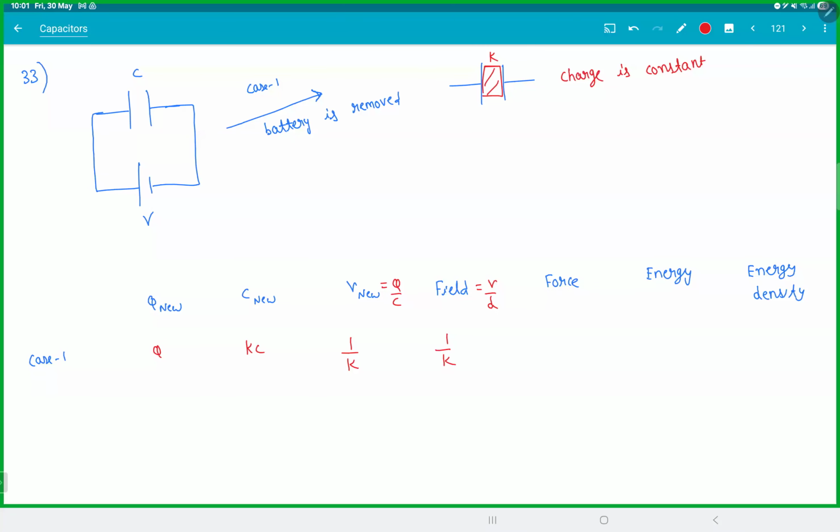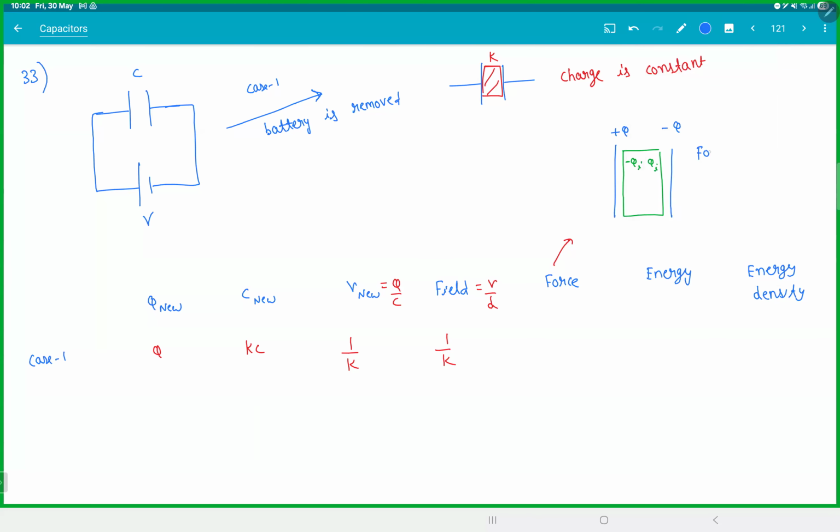Now here see, force is a little thing. Force is Q square by 2A epsilon. You need to see something here. Do you guys remember this statement? The force between two charges is independent of the medium. If this guy is plus Q and this guy is minus Q, if you introduce a dielectric, this will create minus Qi and this will create Qi.